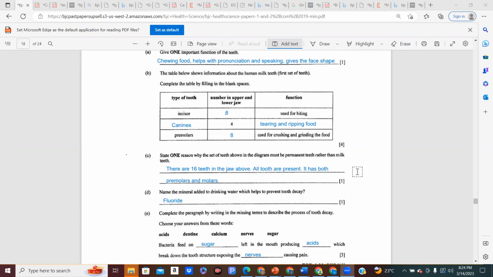Give me one important function of the teeth. It helps with pronunciation and speaking. Very good. Moesha, give me one important function of the teeth. It gives the face shape. Very good.